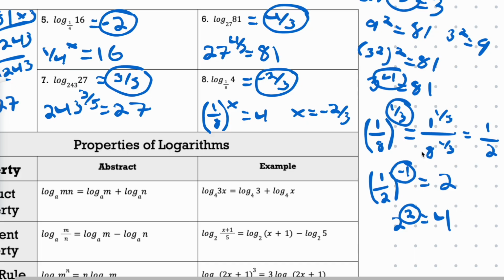Go from 8 to 4. We take the cube root of 8, we get 2. That's 8 to the 1/3 power equals 2. Then 2 squared equals 4. So that's where we get our 2/3. I'm just going to add that negative sign out front because we're not going from 8 to 4. We're going from 1/8 to 4.